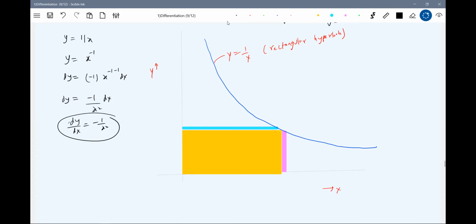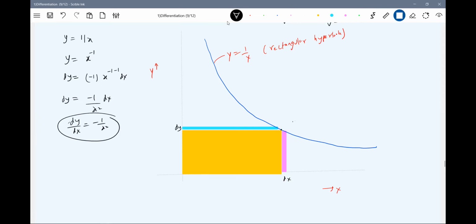Now you can see this, and we'll define terms like this. Let this be y, let this be dy, let this be dx. So this point corresponds to x comma y. That small area we'll be neglecting, because dy and dx are infinitesimal, so we can neglect that area.